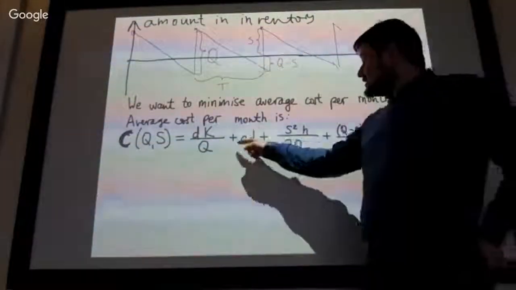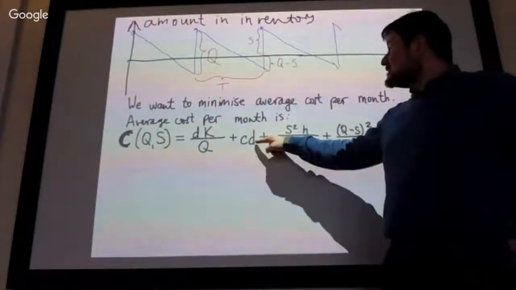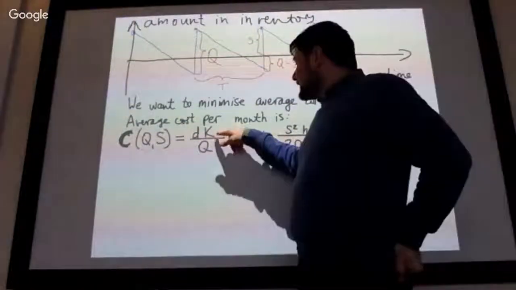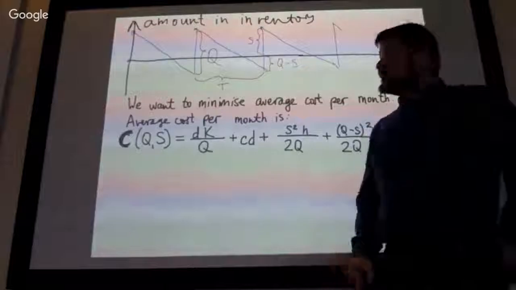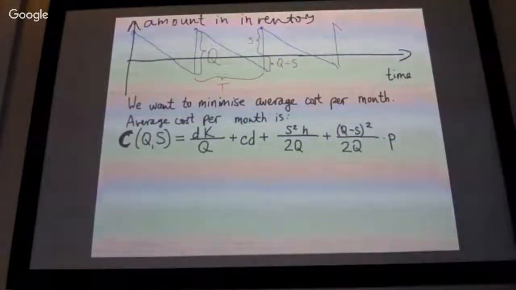Right, so this cost is the cost of buying things, which is the same as it was before. This cost is the cost of placing orders, which is the same as it was before, and these have changed compared to the previous model.